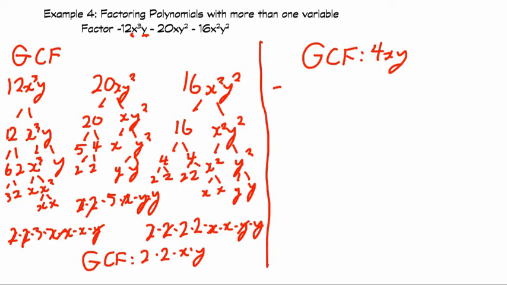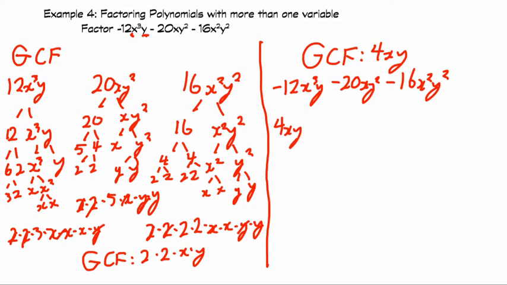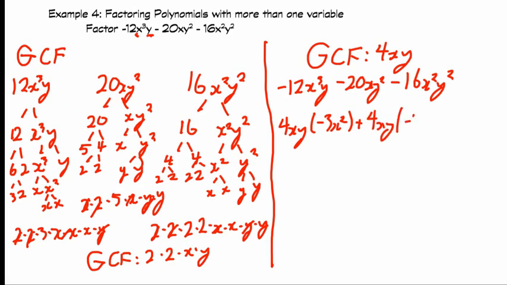So when we rewrite our expression, we have 4xy times negative 3x squared plus 4xy times negative 5y plus 4xy times negative 4xy.